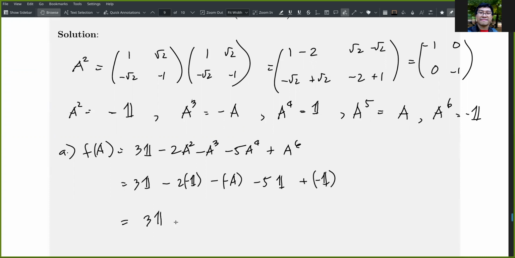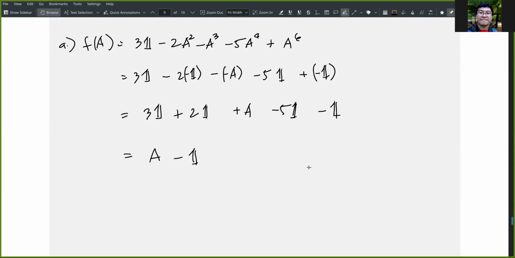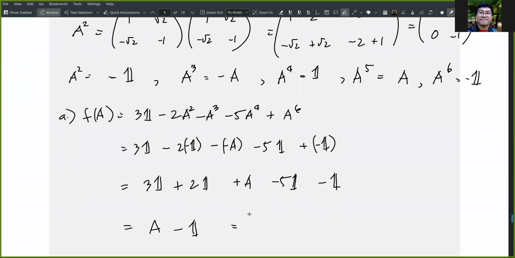Or let me write it again. 3 plus 2 plus A minus 5 minus 1. So 3 plus 2 is 5, minus 5, that cancels out. So you have A minus 1, or your f(A) equals A, what again is A, 1, square root of 2, negative square root of 2, negative 1, minus 1, 0, 0, 1.